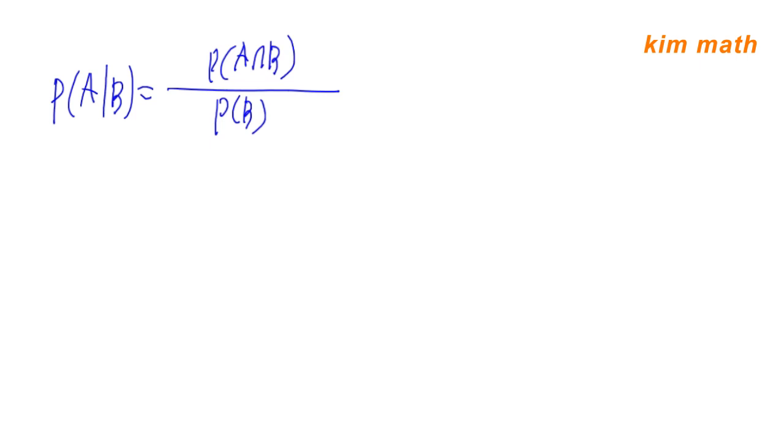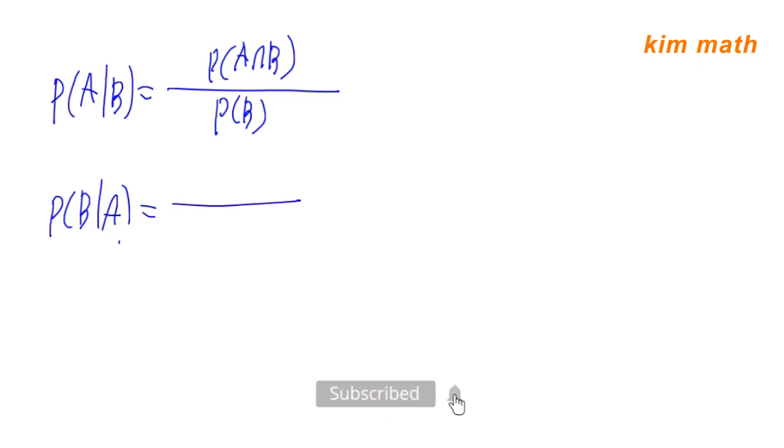We can find the totally opposite situation: the probability of B given A equals the probability of B and A divided by the probability of event A. Okay?